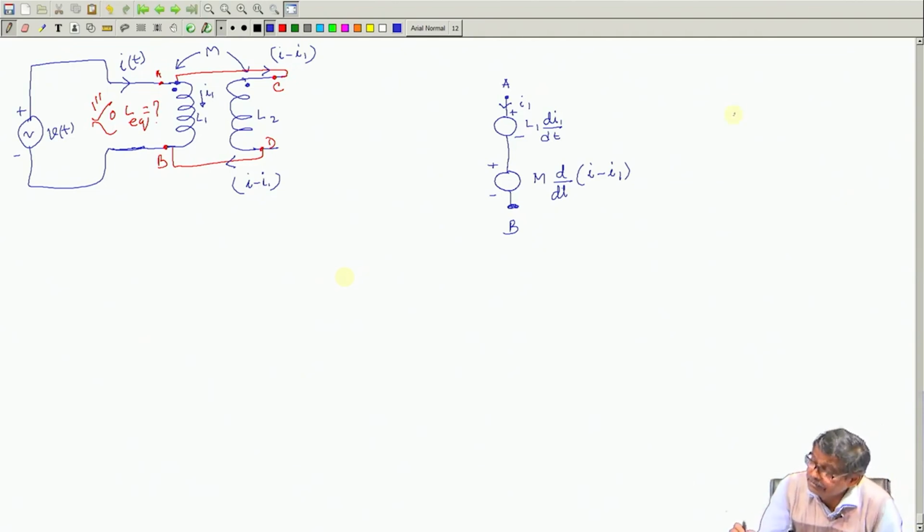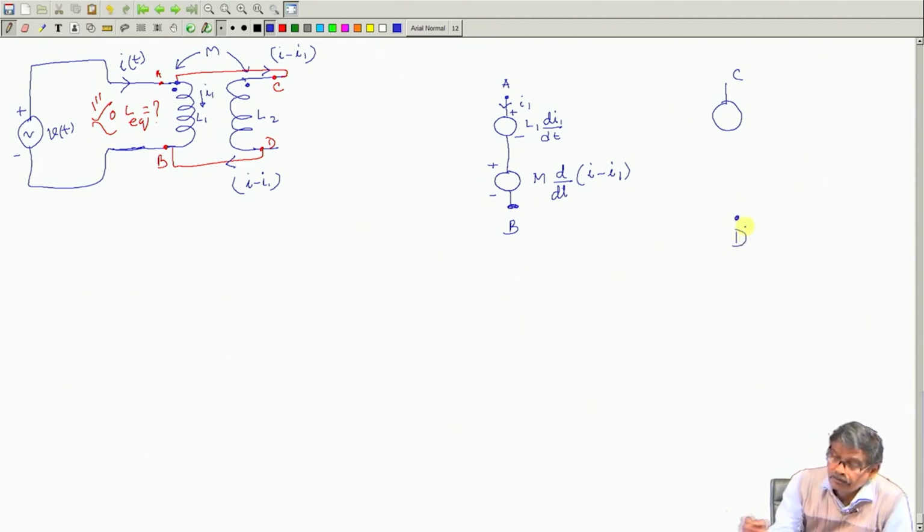What about coil C? This coil has two terminals C and D. There will be induced voltage in this coil, which has a self inductance. Current is shown to be flowing like this, this is I minus I1.